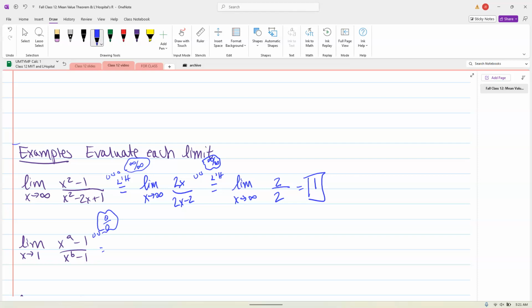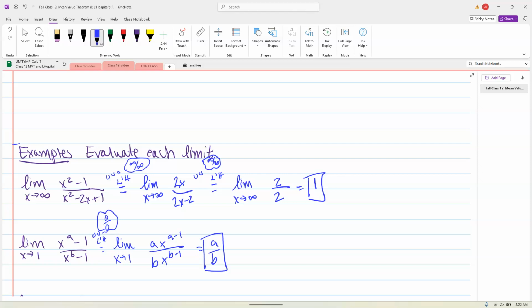So this would be the limit as x approaches 1 of a x to the a minus 1 over b x to the b minus 1. Okay? And now, actually, I think this is okay to substitute in, right? If I substitute 1 in, I get a in the numerator and b in the denominator, and I'm done. Oh, okay, 1 to any power is 1 for both numerator and denominator. Okay, so there we go.